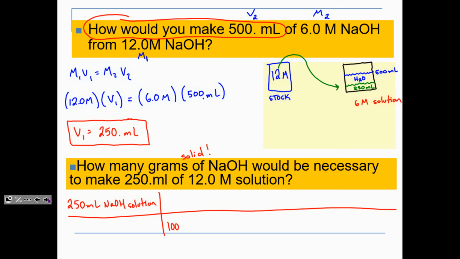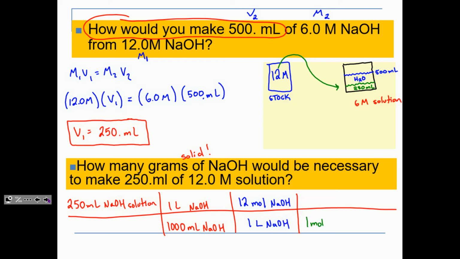So I'm going to go ahead and convert 1,000 milliliters to 1 liter. And I can actually use molarity as a conversion factor. So 12 moles per 1 liter. And that allows me to convert moles into grams using molar mass.